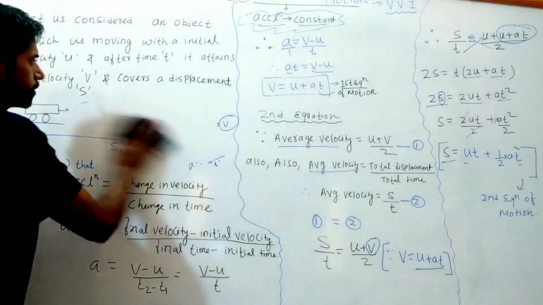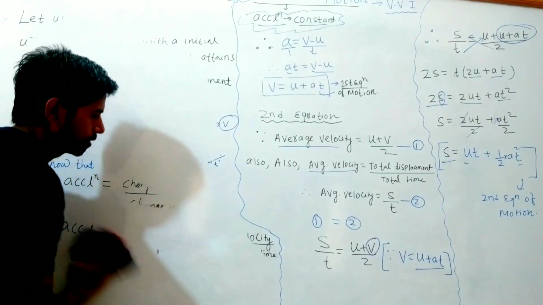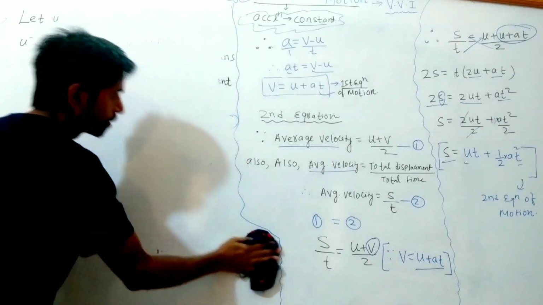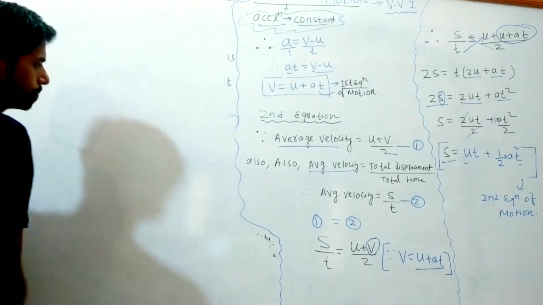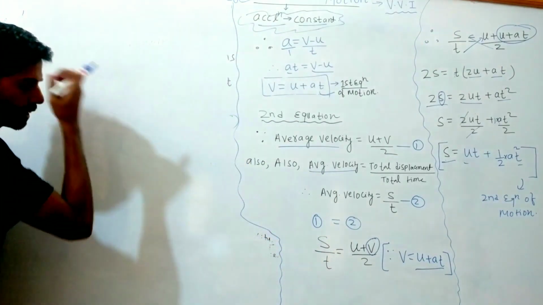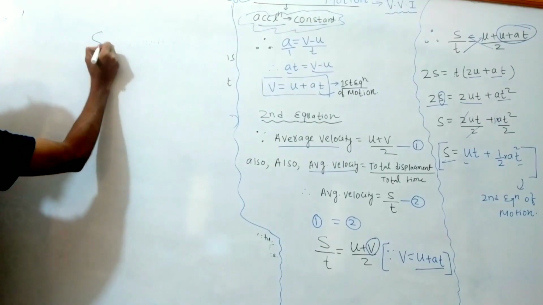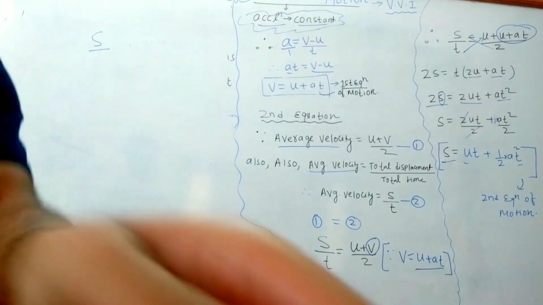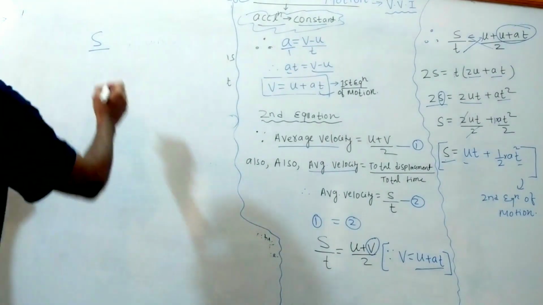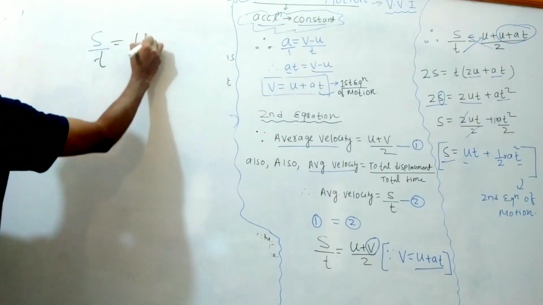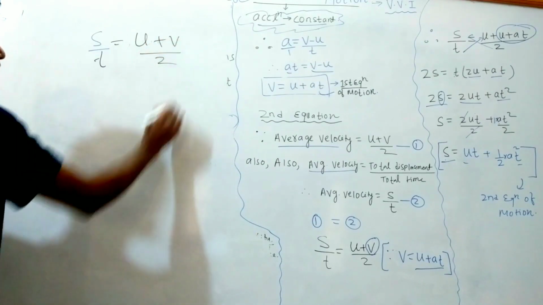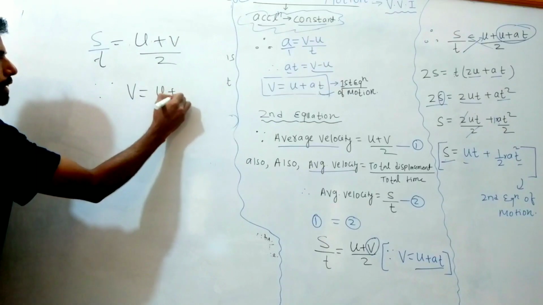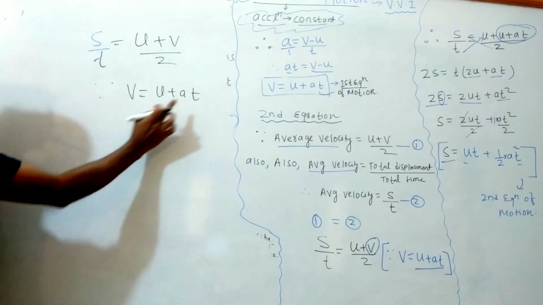Okay. Now for the third equation, we use this equation. Since we know s by t is u plus v upon 2, and v is equal to u plus at, what is the value of t?